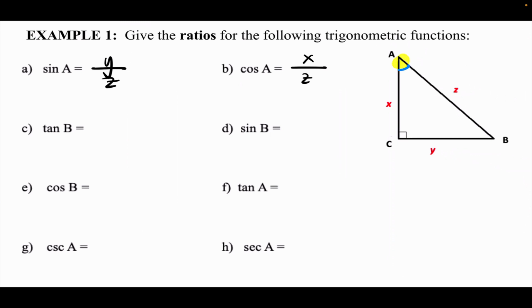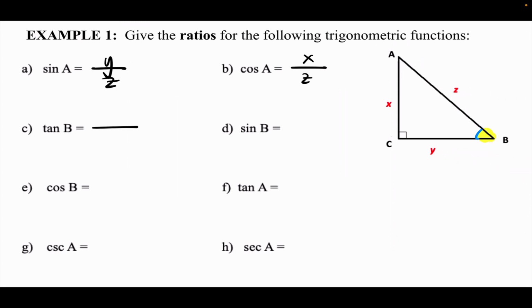Okay, next one. Now we're switching spots. Now I'm not at A anymore. I'm at B. Okay, so I'm switching locations now. If I switch locations, there's going to be different opposites, different adjacents. So at B, tangent is opposite over adjacent.